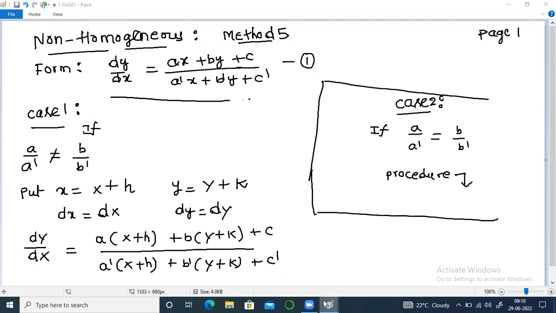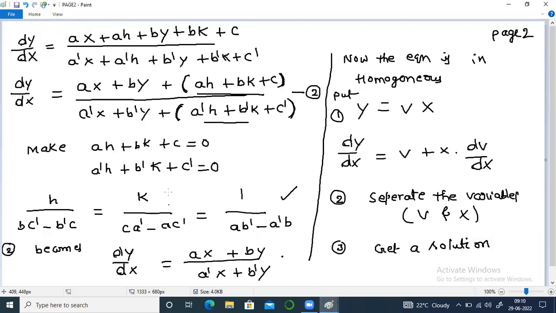And in page 2, the same theory continued. After substituting these two terms in the bracket, in the numerator and denominator part, I make it 0, so that I calculated the h comma k values. Then my equation becomes homogeneous. Once my equation becomes homogeneous, I know how to solve.